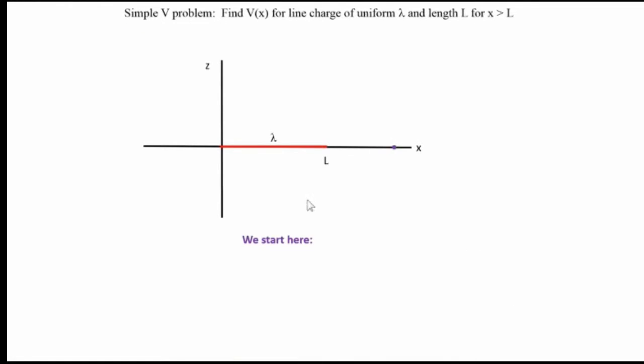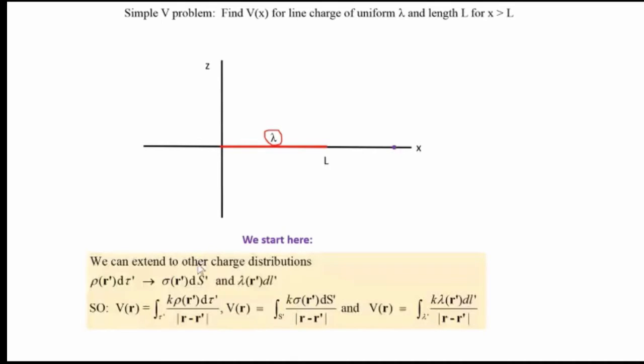Here's a nice problem. We have a line charge which goes from 0 to L, and it's a constant charge density. We're to find the potential for points along the x-axis starting at L on out. So we start right where we were talking about. In this case, we're going to use this form for the potential.